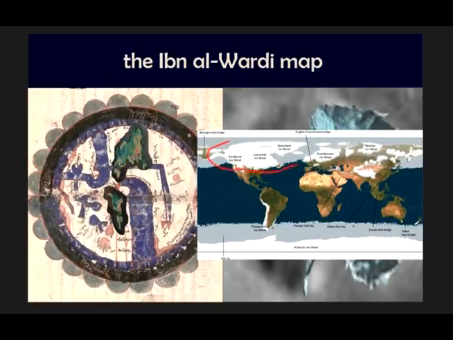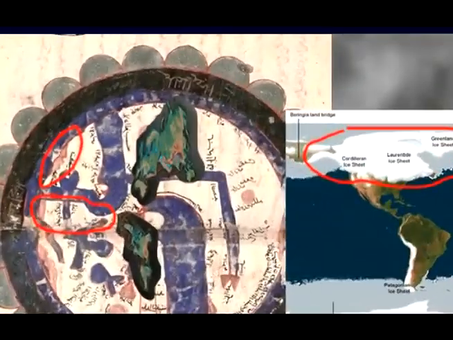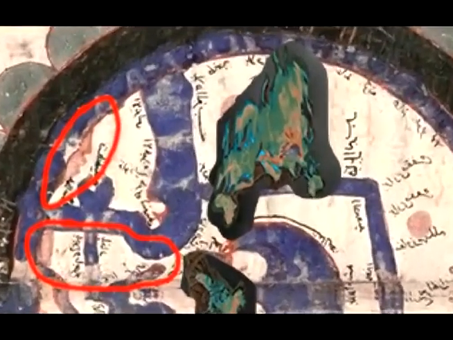North America completely frozen, Northern Europe and Asia frozen too, but in Europe you see some reddish color. That could mean that the ice is melting and we are at the end of the Ice Age.